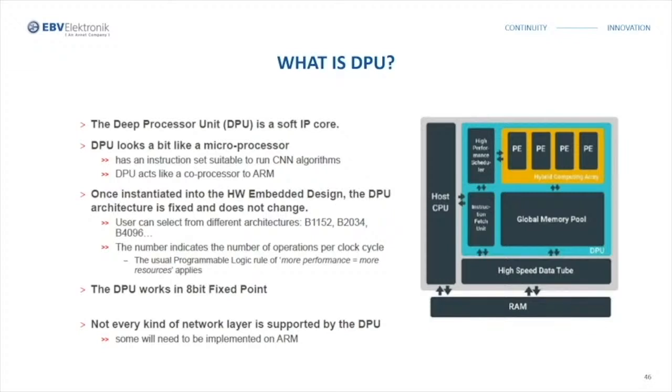There is a specialized instruction set for the DPU which enables it to work efficiently for many convolutional neural networks. The deployed convolutional networks in the DPU include VGG, ResNet, GoogleNet, YOLO, SSD, and so on.